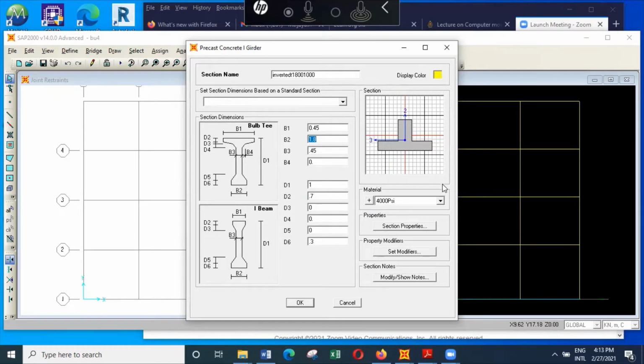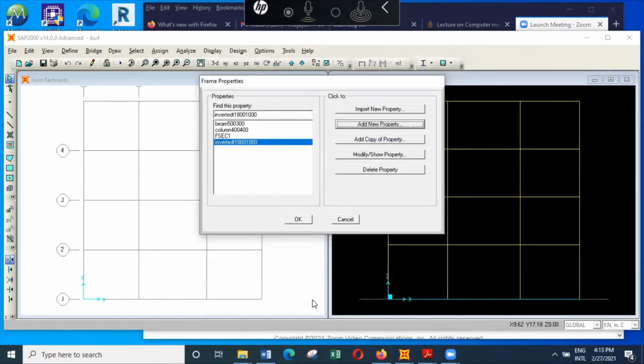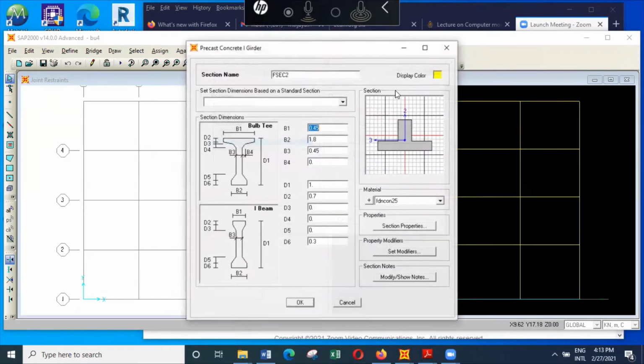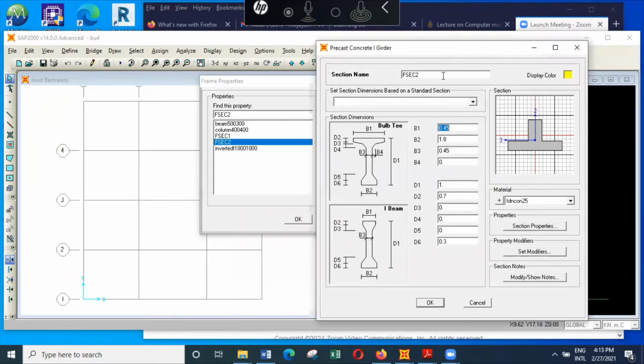Okay, now we are getting the T, and I'm going to say it's a foundation concrete. The reason is foundation concrete has no weight because we have already used the net bearing capacity. So it's foundation concrete. And I can also add a copy of that, and that is inverted T and 1000 by 900.